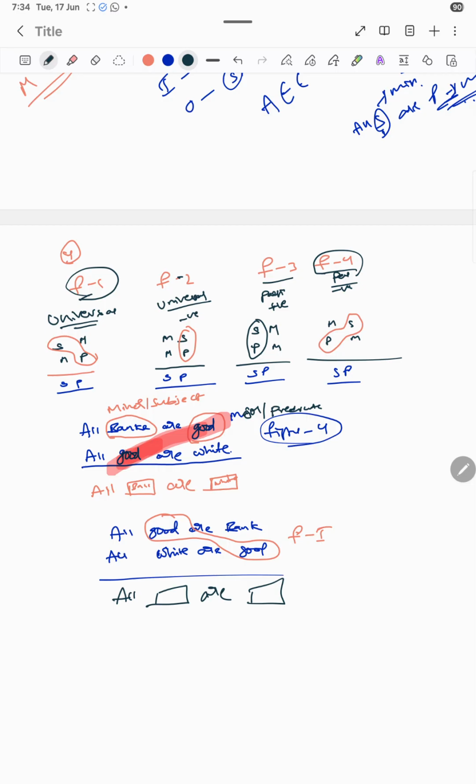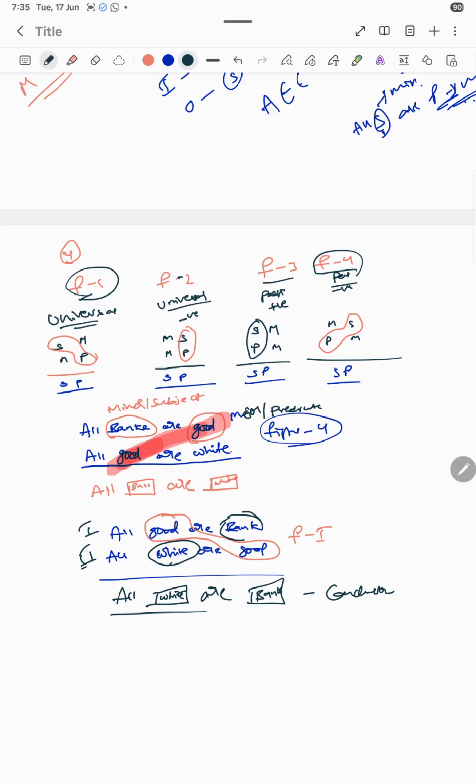Here what you need to do, predicate. So in both sentences, the subject is in the second sentence, so that is why I write all white. The predicate is in the first sentence, bank. This will be my conclusion. I hope now you got how to write subject and predicate from the given things.